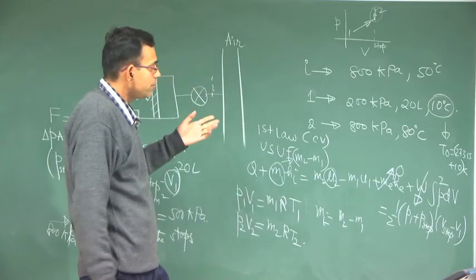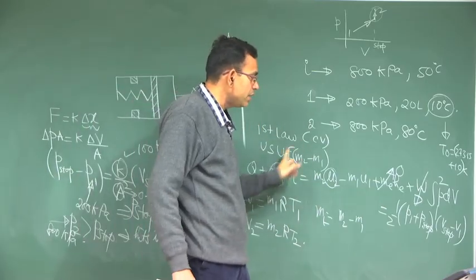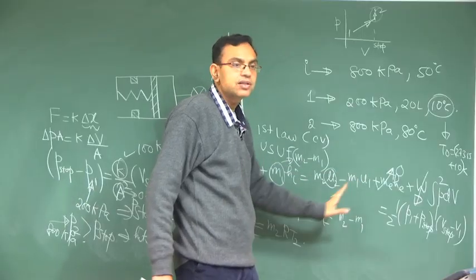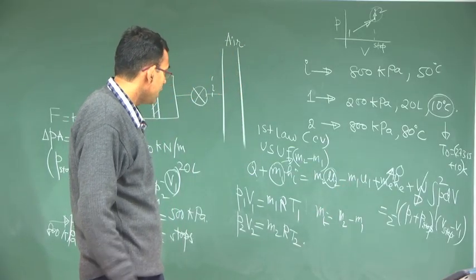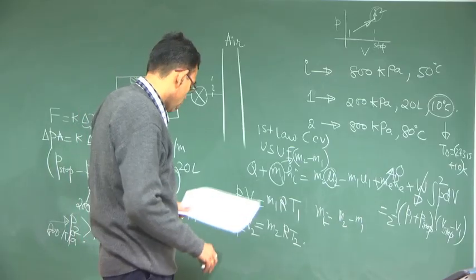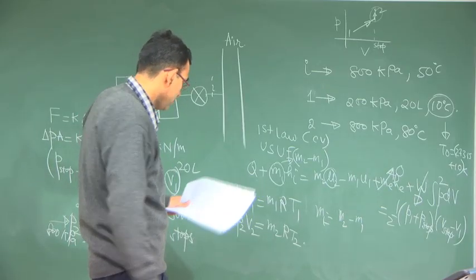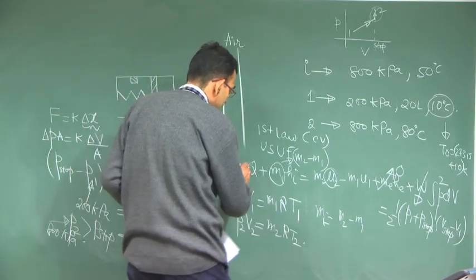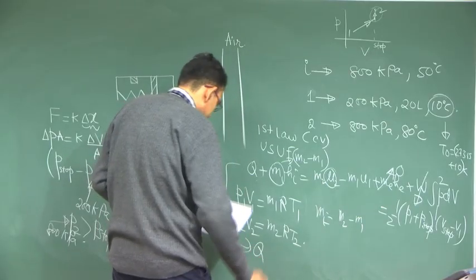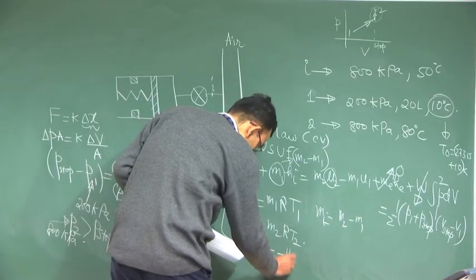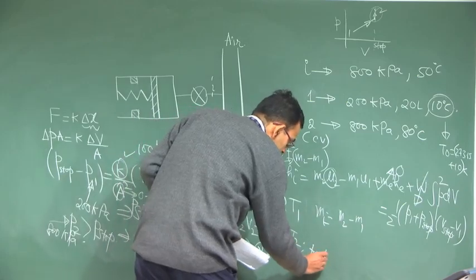Okay. So, with constant CP, CV you can replace all these as functions of temperature, and then you will get what is Q. So, that answer I have, Q is equal to, so in this equation if you substitute everything, so Q is minus 11.6 kilojoule.